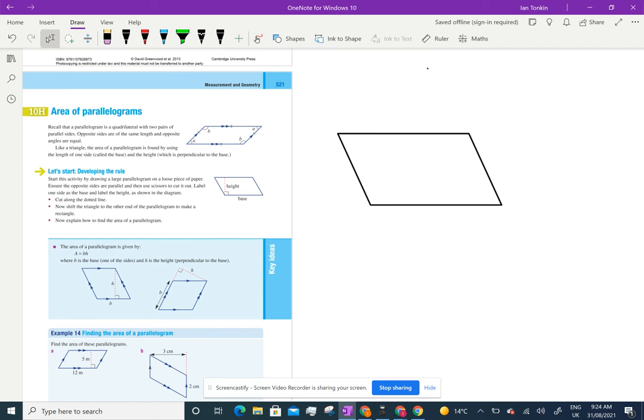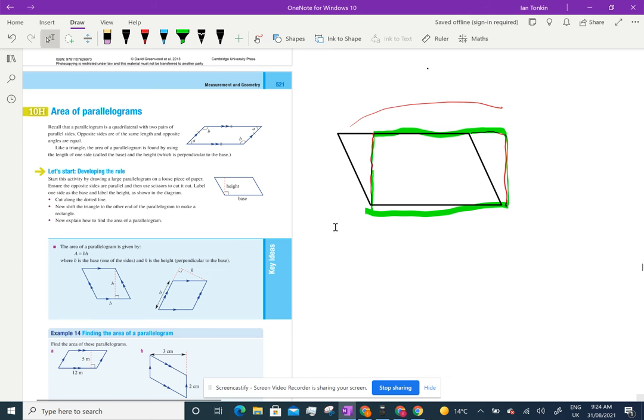Now, the area of a parallelogram. So when we look at this shape, and we're trying to work out the area of it, there's a very simple thing we can do. Imagine if we cut that bit off and moved it down to here. And I went there, and the shape that I have, this new shape, is a rectangle.